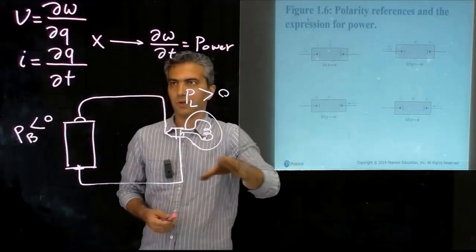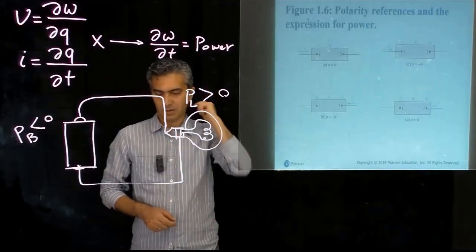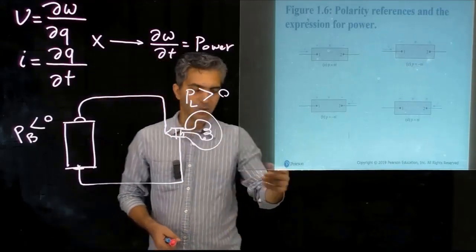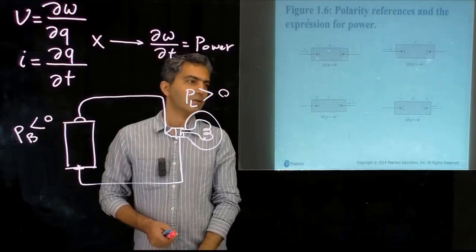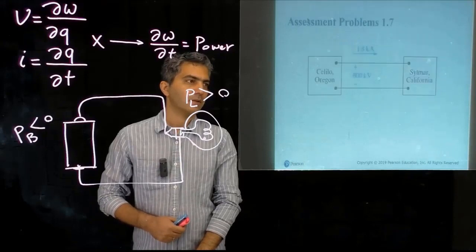And that's according to the convention, or the way that we define the current and voltage in our devices. That's an important concept that we're going to use quite frequently in this course and in circuit analysis generally, or circuit design.